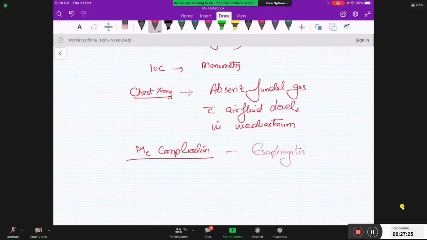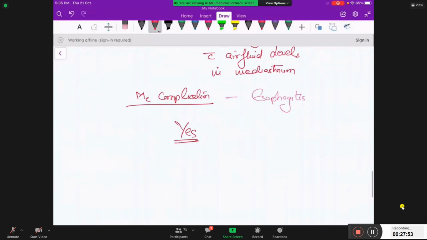Now, can you tell me, is achalasia cardia a pre-malignant condition? Yes or no? The answer is yes.